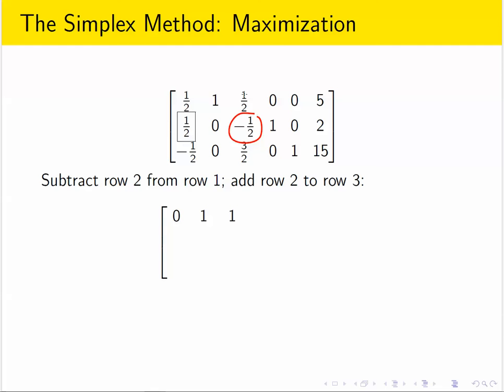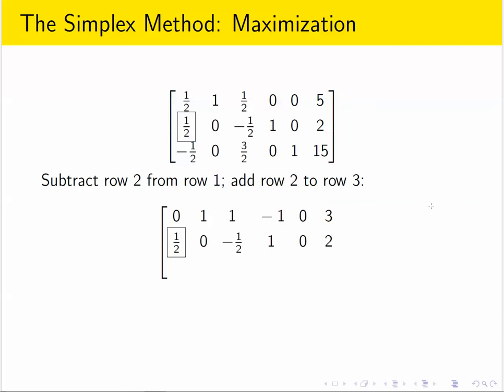Subtracting negative 1/2 from positive 1/2. So 1/2 minus negative 1/2 is the same as 1/2 plus 1/2. That's how we get 1. 0 minus 1 is negative 1. 0 minus 0 is 0. And 5 minus 2 is 3.